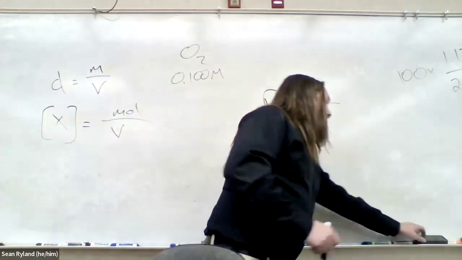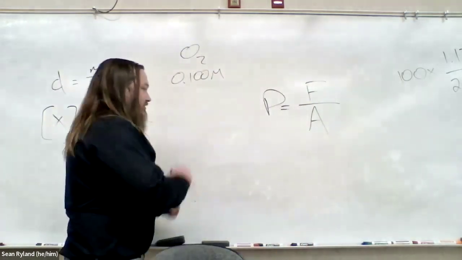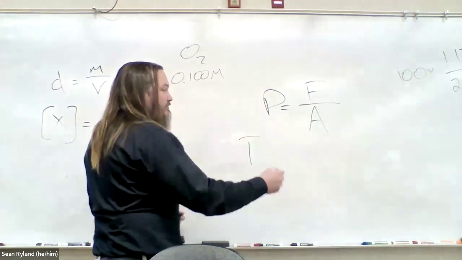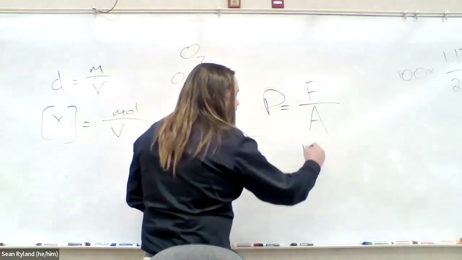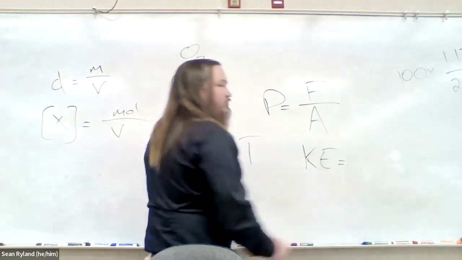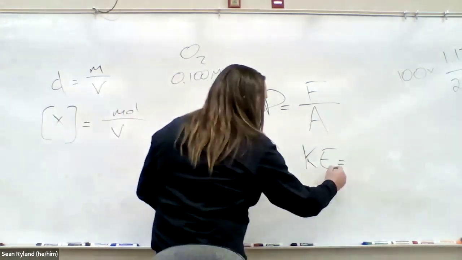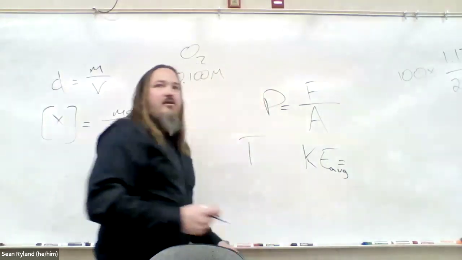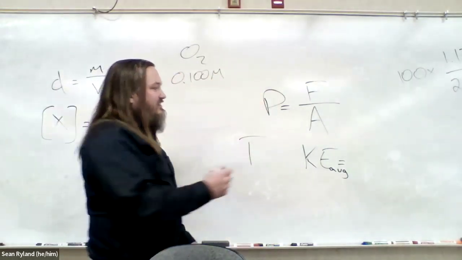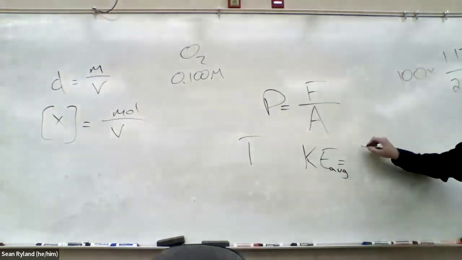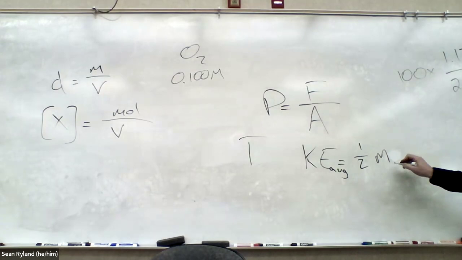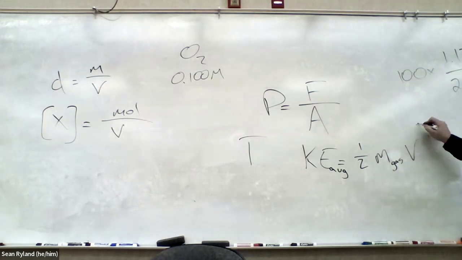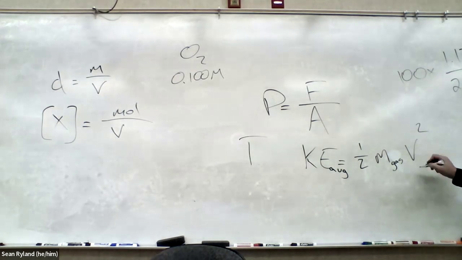Well, it turns out that's another one of these gas variables: temperature, because temperature is one way of looking at kinetic energy of individual molecules. The average kinetic energy of molecules in a system is equal to 1/2 the mass of the gases times the velocity of the gases squared.